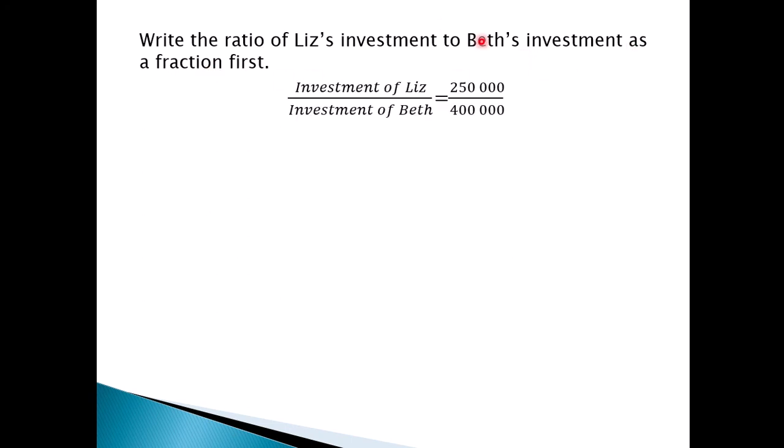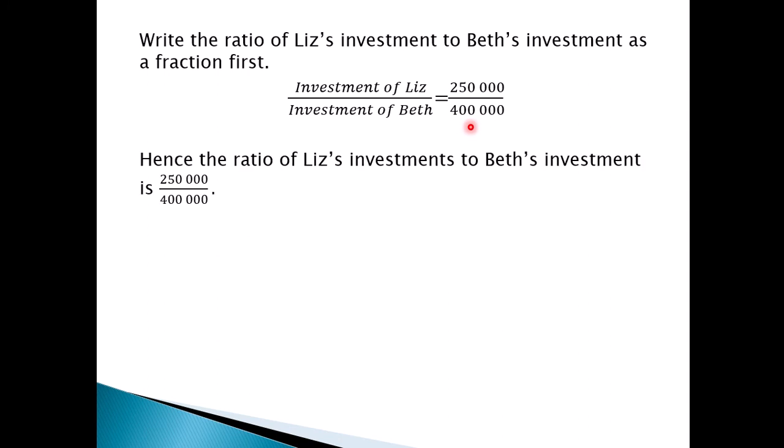So looking here, investment of Liz over investment of Beth, you have it there, 250,000 pesos over 400,000 pesos.